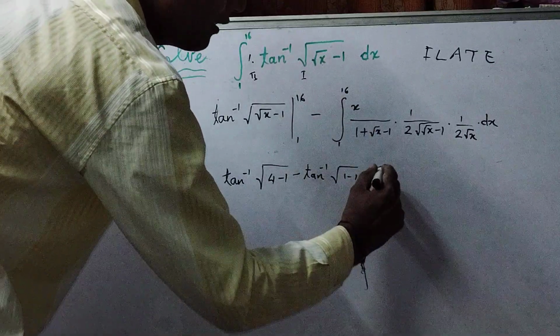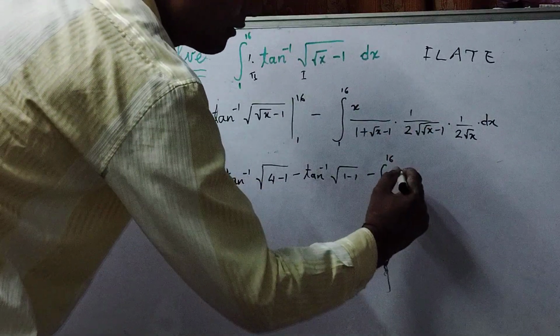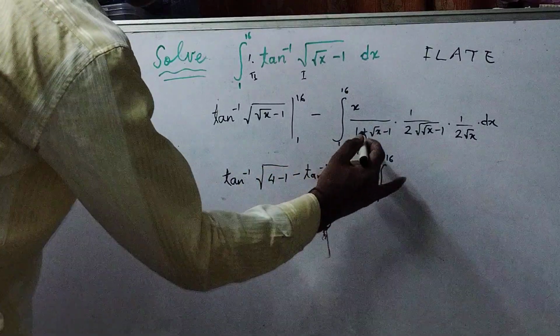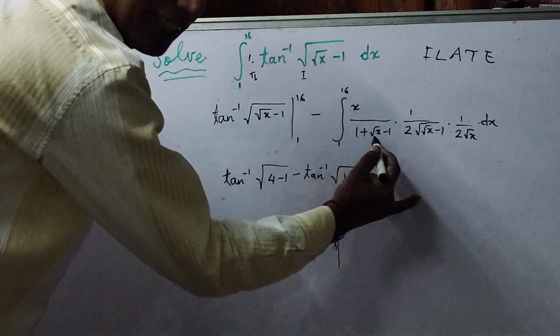Then this integration from 1 to 16. The numerator is x. Look at the denominator: this plus 1 and this minus 1 cancel out, so only square root x is left.